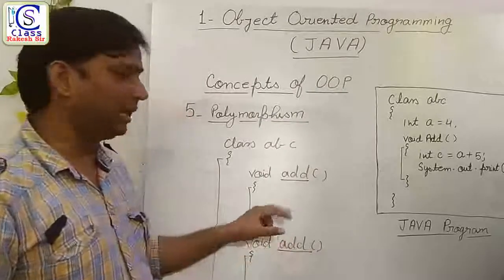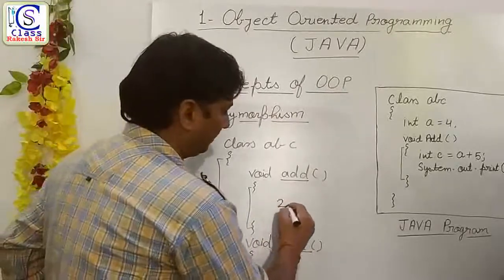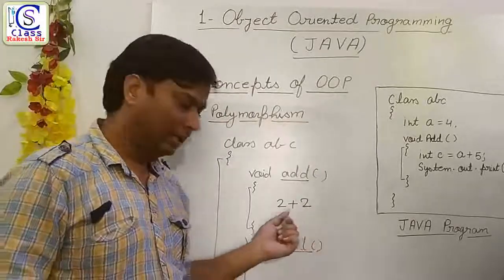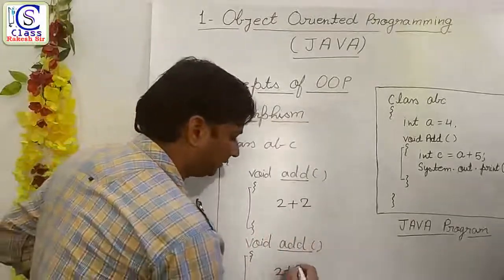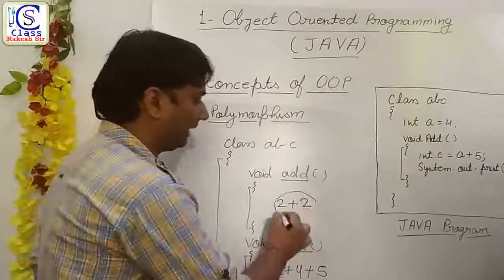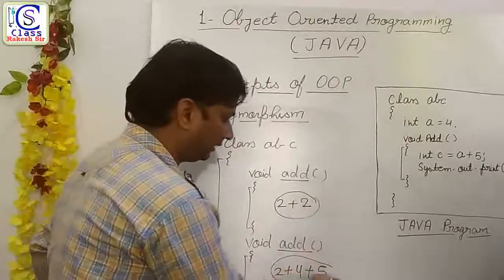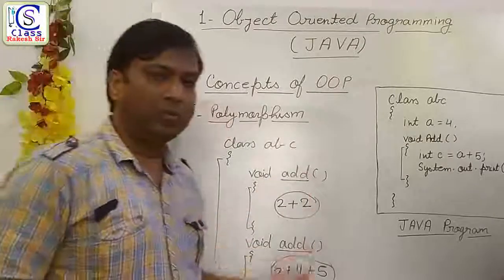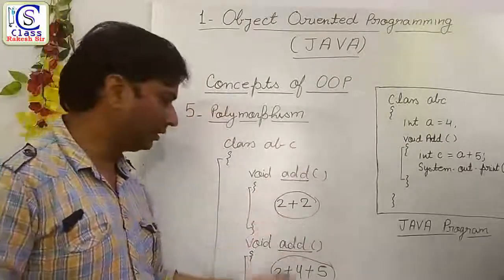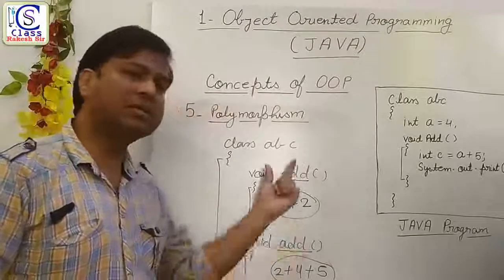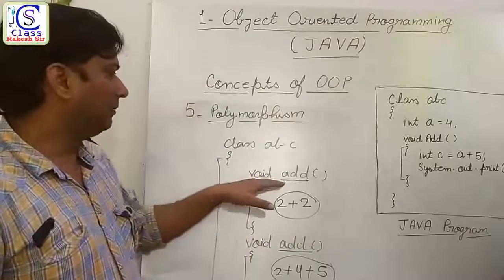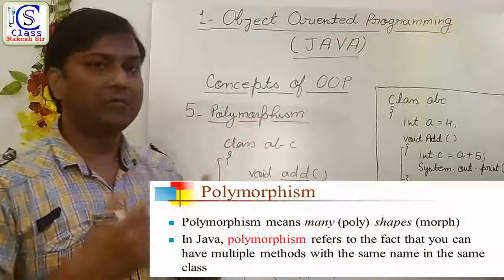But here we are performing 2 plus 2, adding 2 numbers. And here we are adding 3 numbers, 2 plus 4 plus 5. Both methods perform addition, but here 2 numbers, here 3 numbers. This concept is known as polymorphism. Poly means more than one, morphism means form.